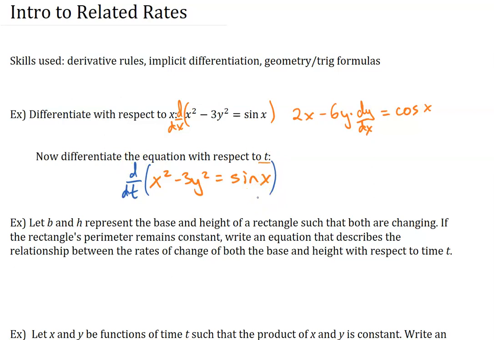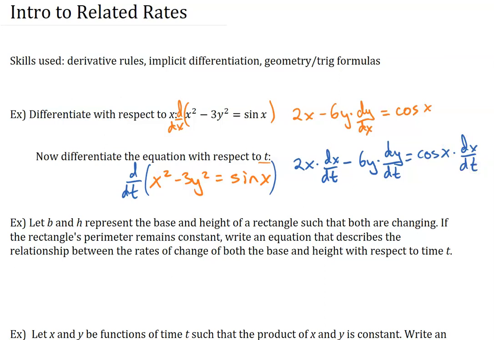And when we do this, because each of these variables is not a t, we are going to take the derivative using the variables that are there, but we're going to attach d of whatever over dt, just like over here we have a dy over dx attached to it. So this is going to give us 2x times dx over dt minus 6y times dy over dt is equal to cosine of x times dx over dt.